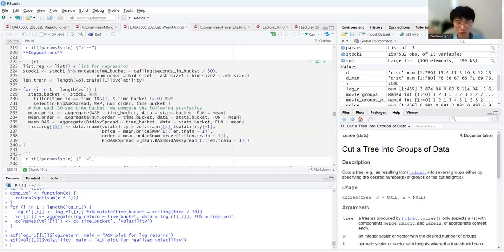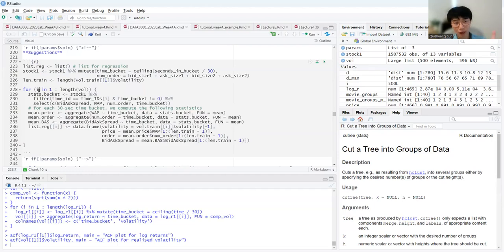At first glance, this code may look very frightening, but you can just let i equal 1 with all the variables you have, run this code line by line, and then you will see, oh, it works like this. From my perspective, this is the most efficient way to see how code works.